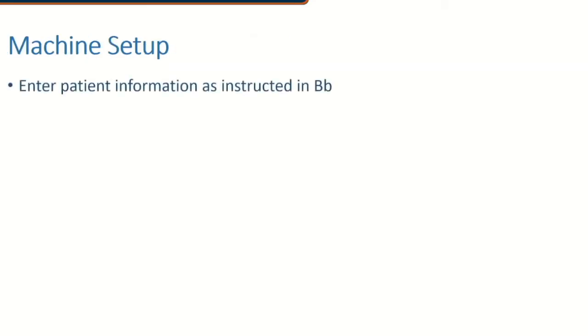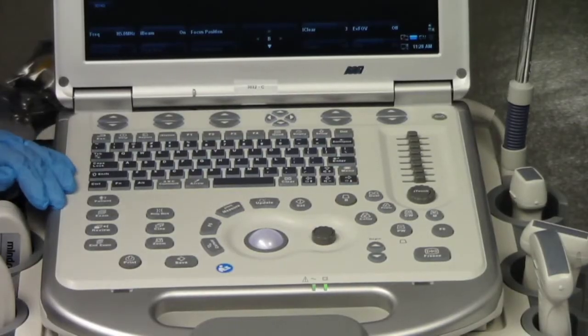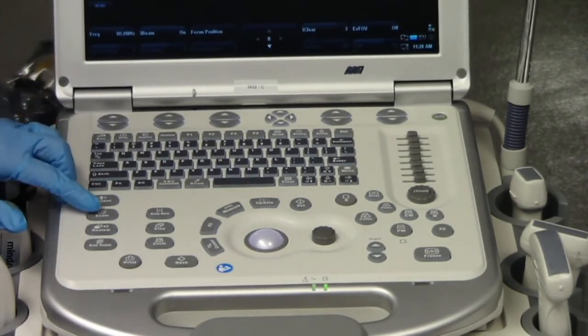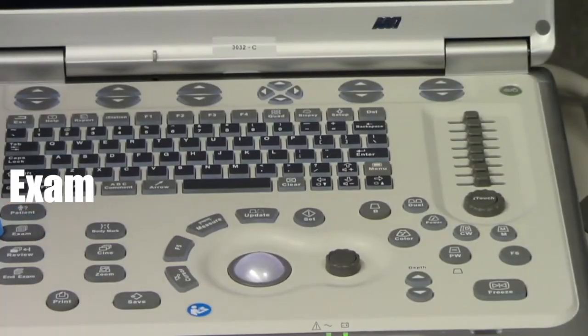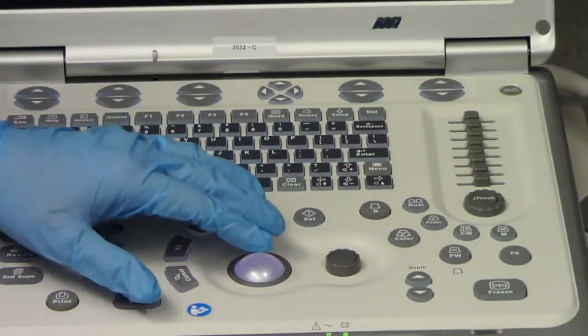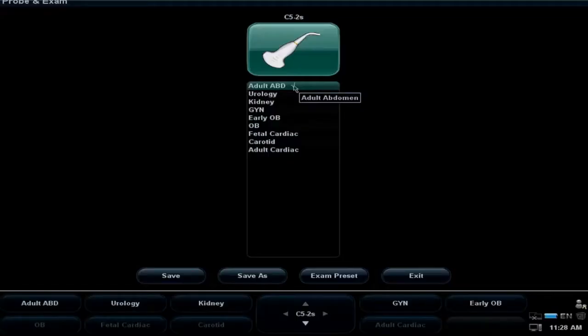For our machine setup, you want to enter the information as instructed by the bladder. I'm going to move back to the machine so I can point out some of these selections you'll have to make. So for your preset selection, you'll have to press the exam button, and if you look up on your screen, you'll get a list of presets, and you want abdomen.